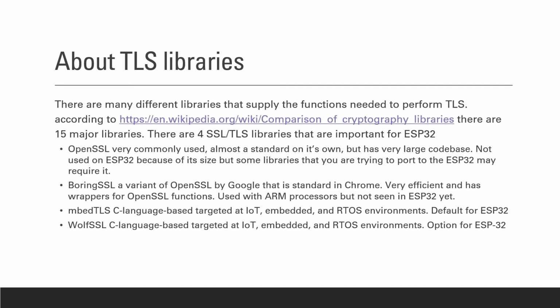later. BoringSSL is a variant of OpenSSL by Google that's standard in Chrome and Android. It's very efficient, both from a code size and execution standpoint, and they have wrappers built into BoringSSL so you can just take out OpenSSL and put in BoringSSL.